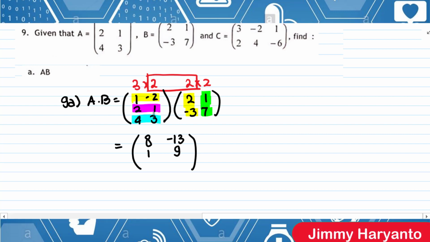For the third row is 8 and negative 9 minus 1, 4 and 21, 25. Okay, so this is the result for A times B.